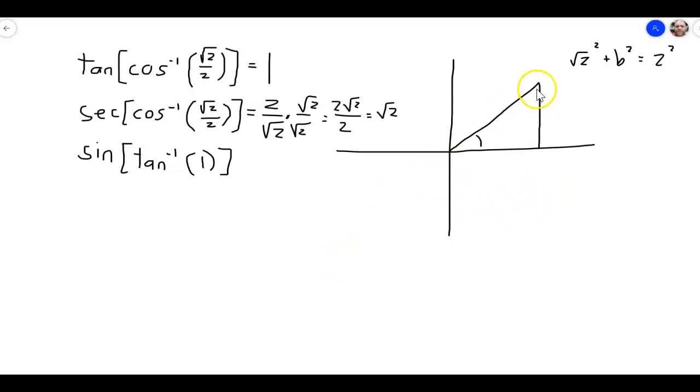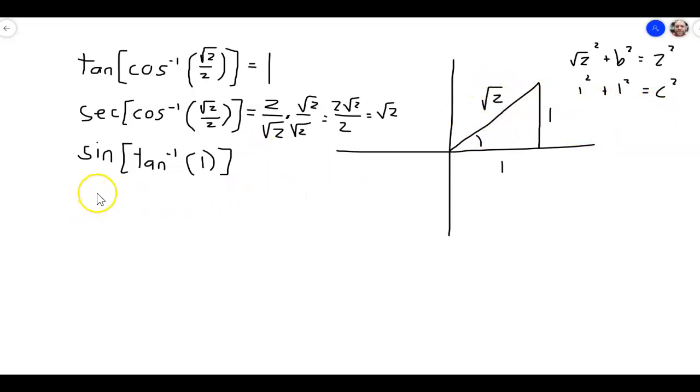So if we're in the first quadrant here, we have the tangent function. Remember, the tangent, according to SOHCAHTOA, is opposite over adjacent. So that's just going to be 1 over 1. So I can just come over here and put a 1 over 1. Using the Pythagorean theorem, 1 squared plus 1 squared is equal to c squared. And that's going to give me the hypotenuse equal to the square root of 2.